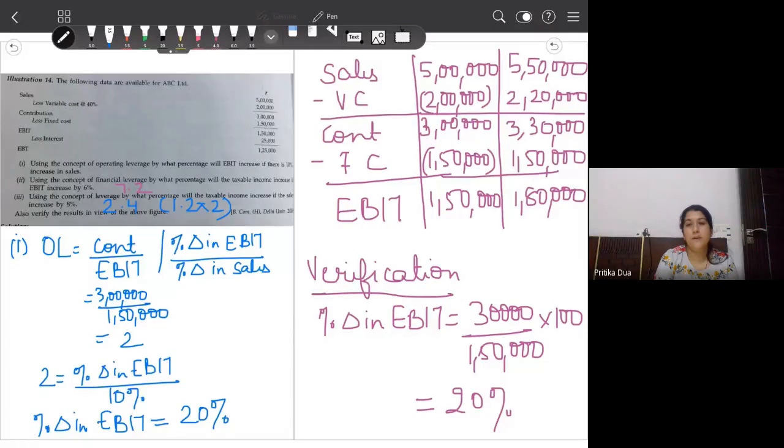Okay, so simply 2.4 into 8, which is a 19.2% increase. So now you need to move from sales to EBT. Whatever is given to you in the income statement question, you will have to rework in the third part so that you can verify the result.